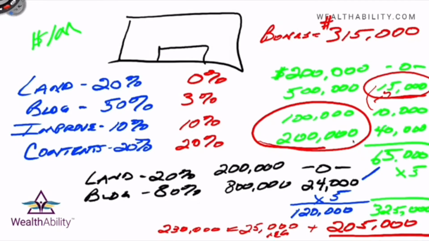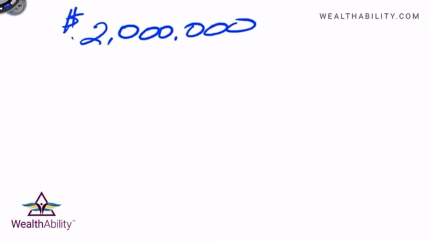So every year I get this $315,000. Let's say that we have a $2 million building, and let's say that after all expenses and after paying the mortgage and everything, it produces $100,000.